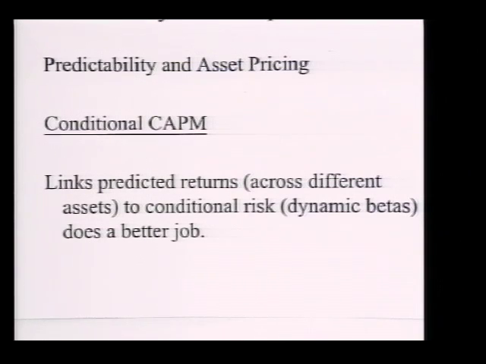Okay? So think of it in terms of the following. Assignment number 3, you're predicting returns on, let's say, 5 asset classes. Okay, so you're getting, let's say, 1 month ahead or 1 quarter ahead predictions in terms of these asset returns.